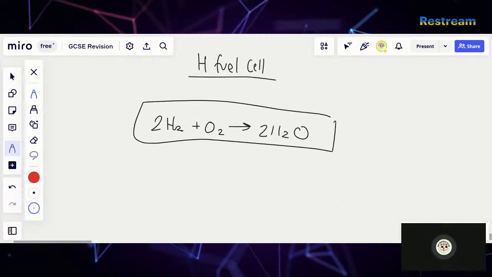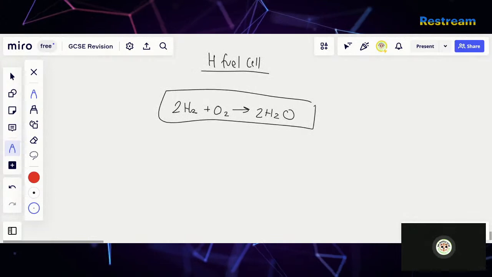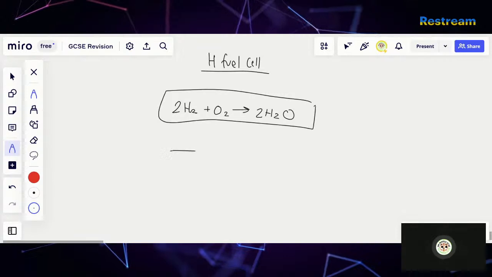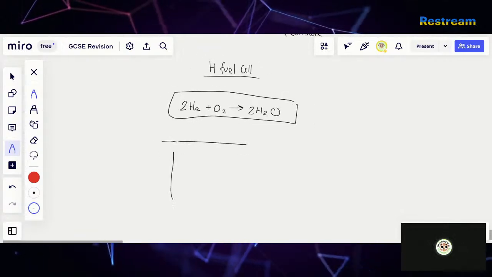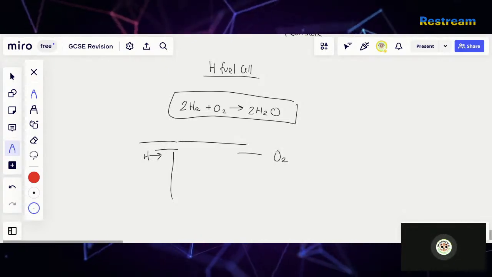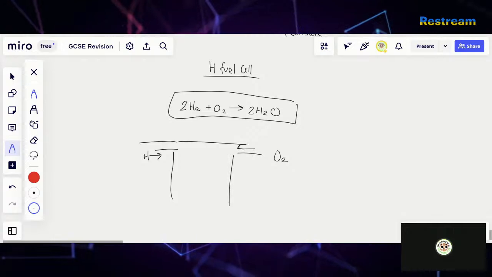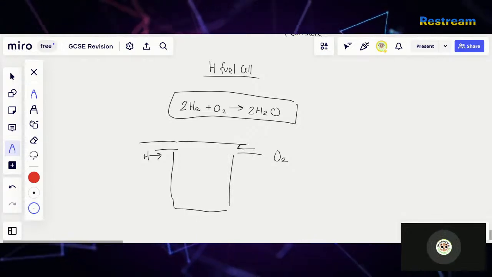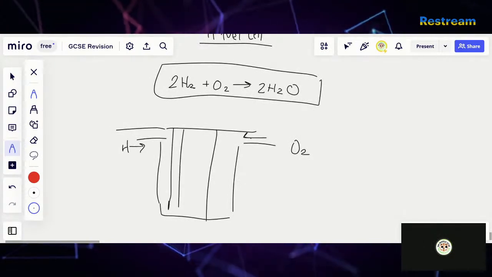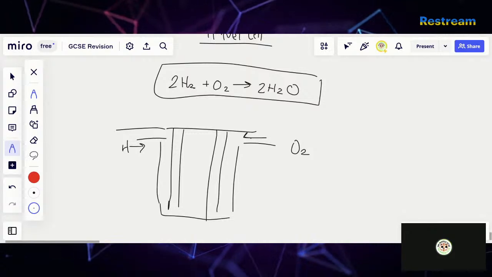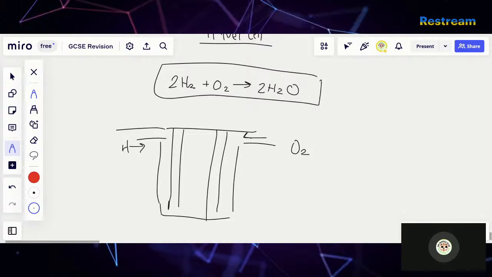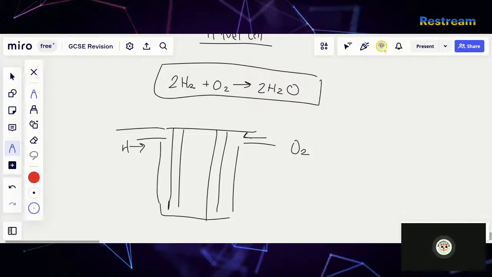Now, in terms of just revising what happens in a hydrogen fuel cell, let's look at that. So within a hydrogen fuel cell, we have this massive container, this massive vat, and the hydrogen comes one way inside and the oxygen comes in the other. And what happens is we have the different electrodes. And the various electrodes do the various jobs that they need to do.